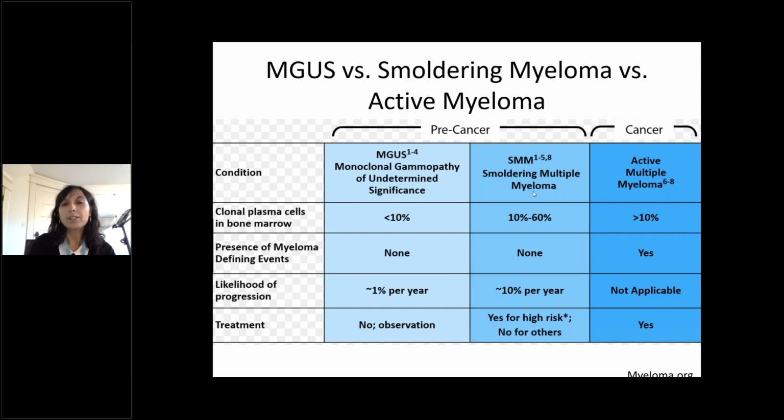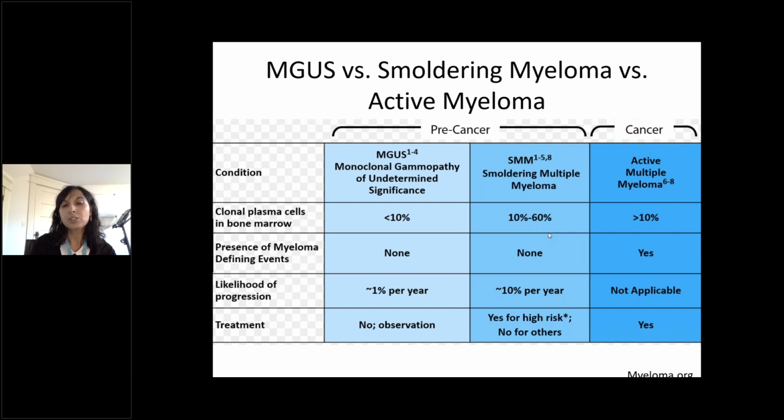Next are patients with smoldering multiple myeloma. So these are patients that do meet the plasma cell percentage criteria. So they have more than 10% plasma cells in the bone marrow, but they don't have any of those myeloma-defining events. So they don't have any symptomatic CRAB criteria, and they don't have the biomarkers that I mentioned, the higher than 60% plasma cells, the MRI finding, or that light chain ratio greater than 100.